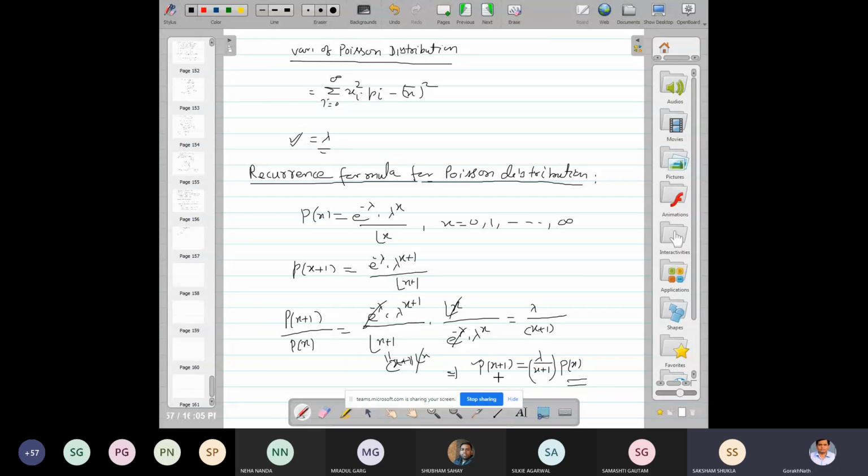So this is the recurrence relation, and here lambda is the mean or variance of the Poisson distribution, and the value of lambda is np.